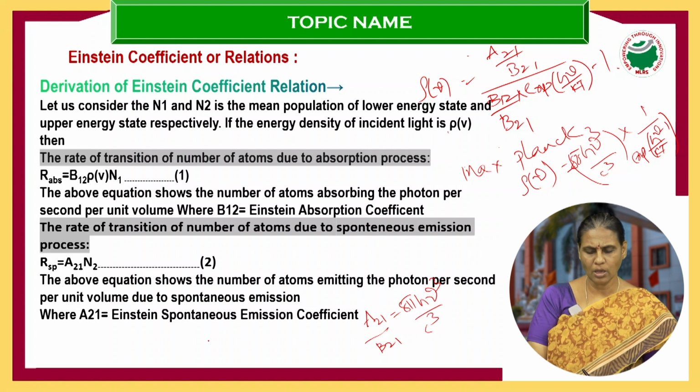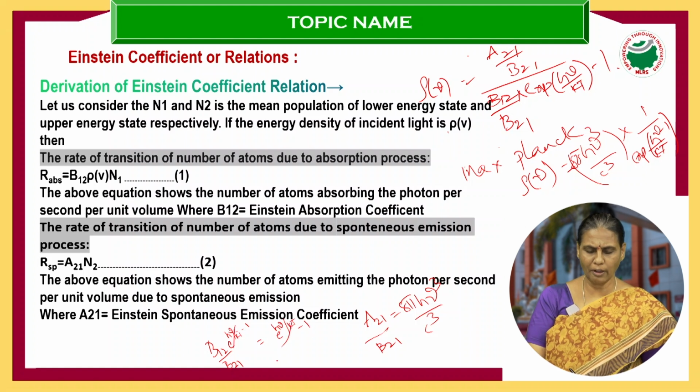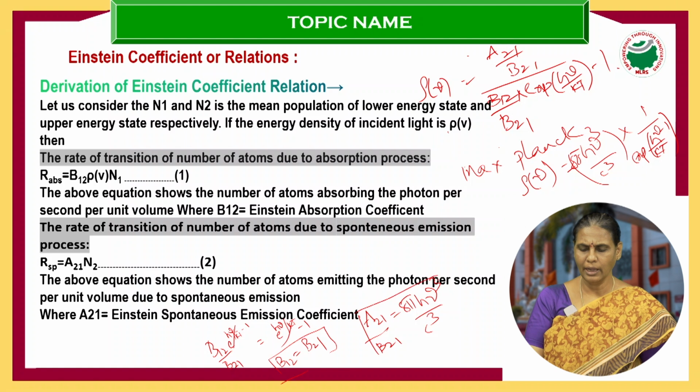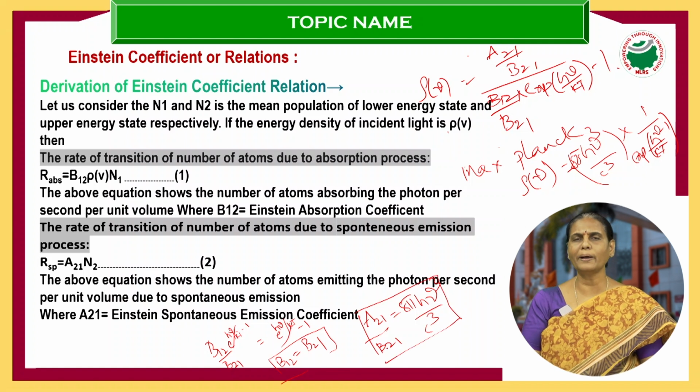Second equation is B12 by B21 into exponential of h nu by kt minus 1 is equal to e power h nu by kt minus 1. So this term we can cancel. You are left with B12 is equal to B21. Now these two equations, B12 is equal to B21, A21 by B21 is equal to 8 pi h nu cube by c cube, are called Einstein equations.